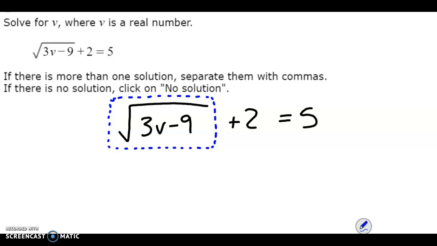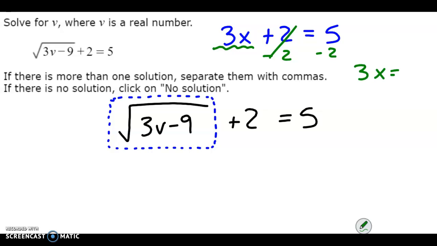Okay, so this is like if we had something like 3x plus 2 equals 5. We're not going to worry about that 3x until it's the last thing there. We're going to get everything else away from it first. We're going to subtract 2 from both sides. You're going to end up with 3x equals 3. Now you can worry about that x piece.